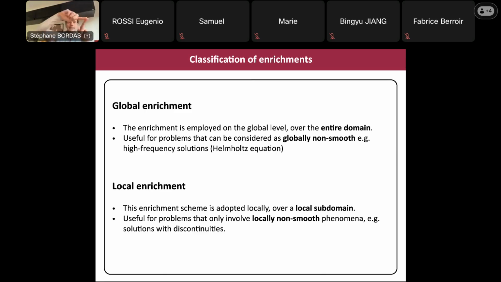Now, if you have another crack tip in the same domain, you only enrich around that tip, and then that tip, and so on and so forth. So that's super cool, because you can have several enrichments everywhere, different, and you can handle different types of features that you are interested in.